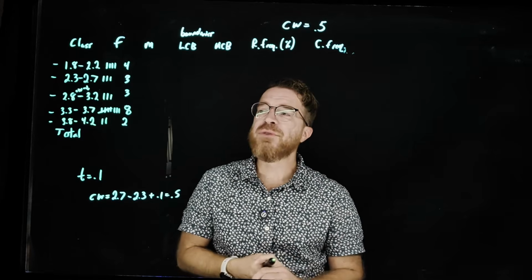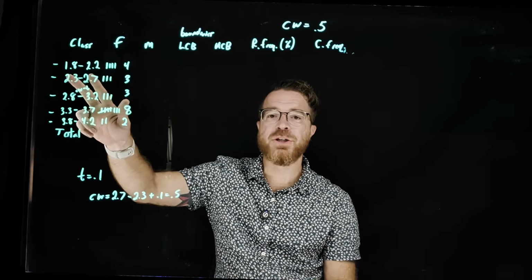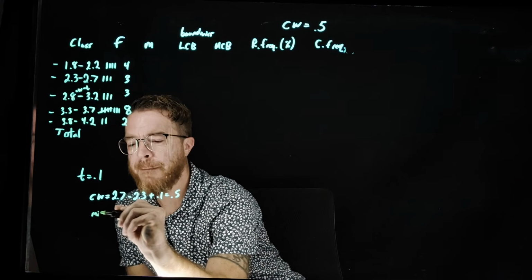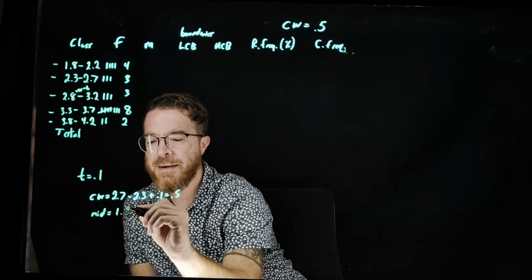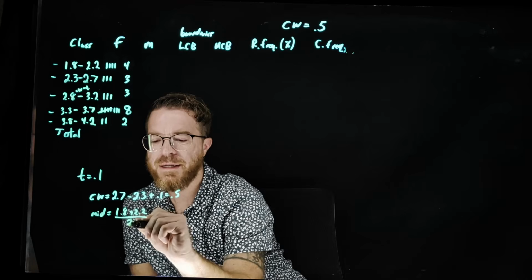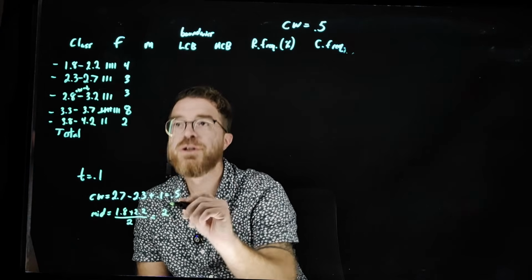So now what we're going to do is find our class midpoints. If you remember, the midpoint is just the average of the 2 values in your interval. That means that my midpoint is going to be 1.8 plus 2.2 divided by 2. This is going to give me 4 divided by 2, which is 2.